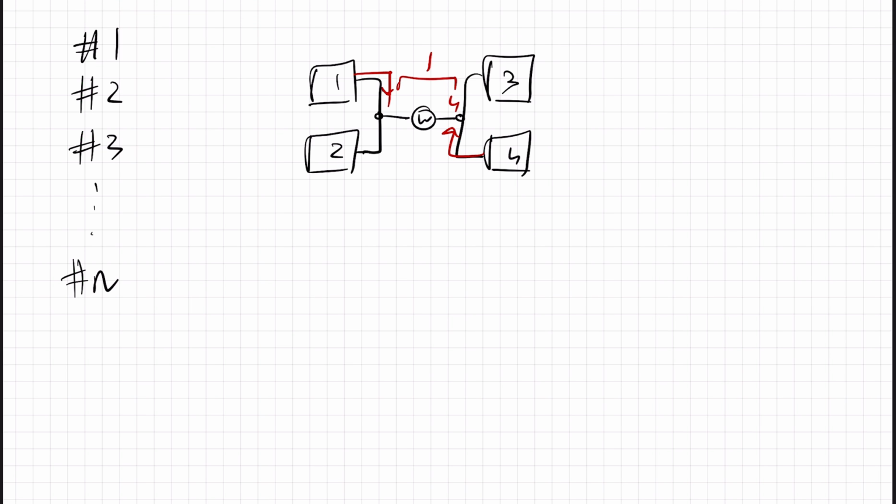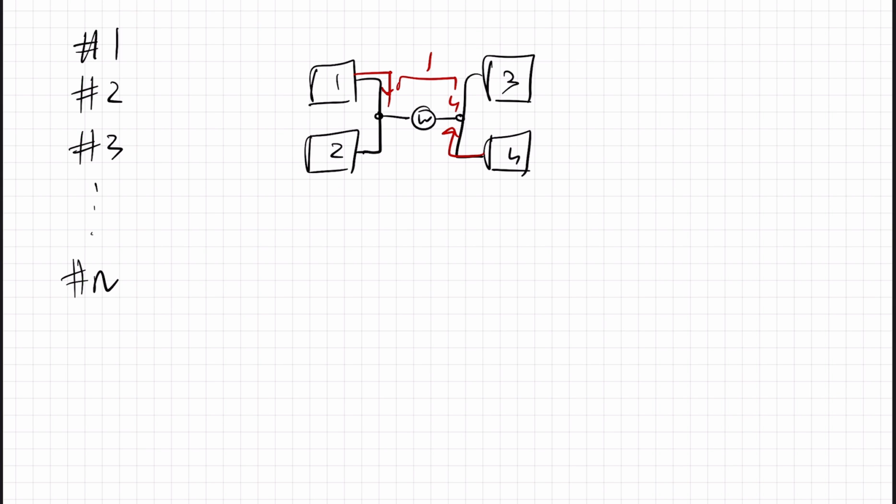Okay, so now, second best, it could be 4, or it could be 2. What we know is that 4 is the best on the right side, so now we need to compare 4 against the best on the left side. And we know the best on the left side is going to be the person who lost in the semifinals.